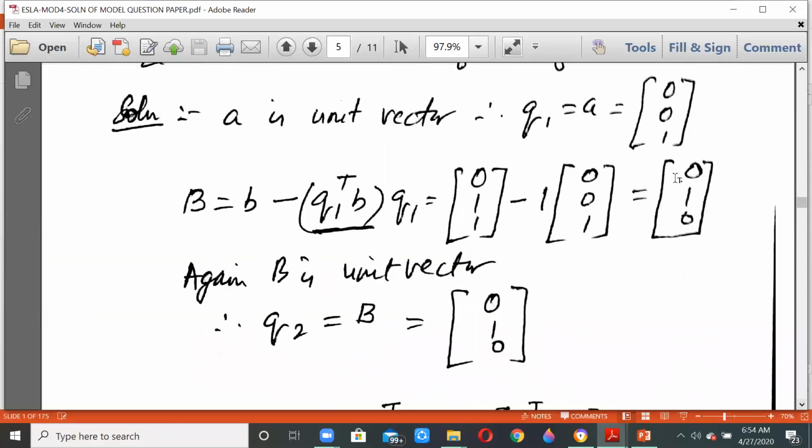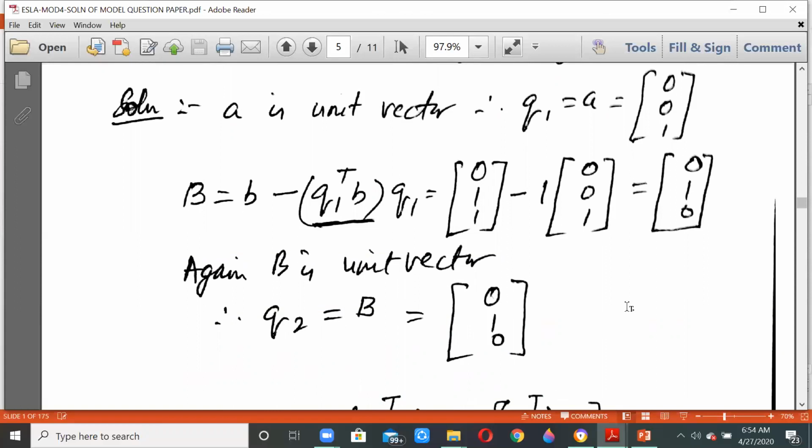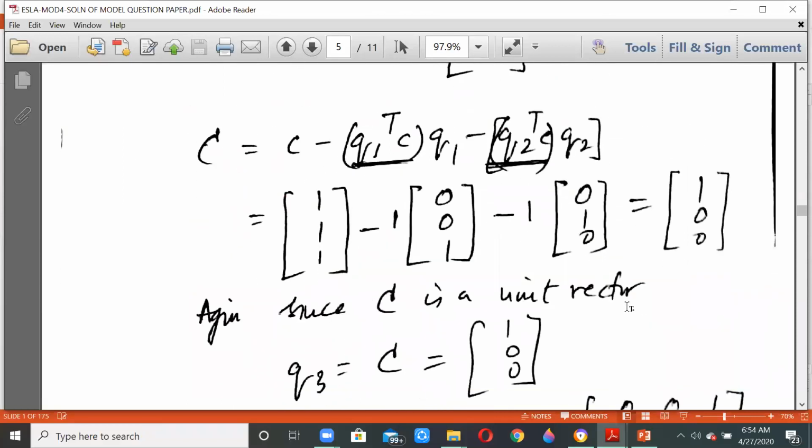If you see this 0, 1, 0, again, this is a unit vector. Therefore, Q2 is equal to B is equal to 0, 1, 0. If it was not, then we should have written B by the length of B. Here, the length of B is 1 itself, because the root of 0 square plus 1 square plus 0 square will be equal to 1. So having found the value of Q2, we need to find the value of Q3.